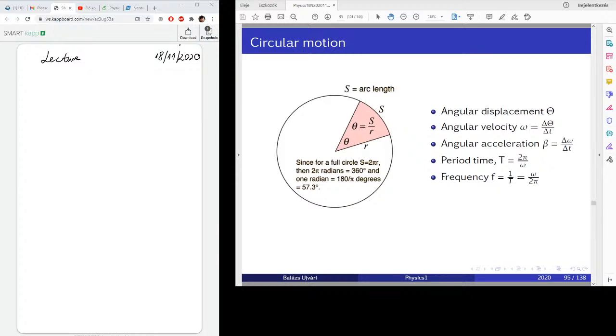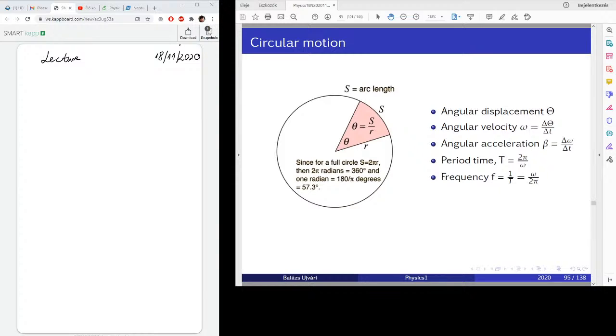Same story. You have a theta of t. Since the natural unit for angle is in units of pi, let's say it's pi over 2 t squared plus pi t plus pi over 2. I can ask, for example, where is the body at t equals 0?